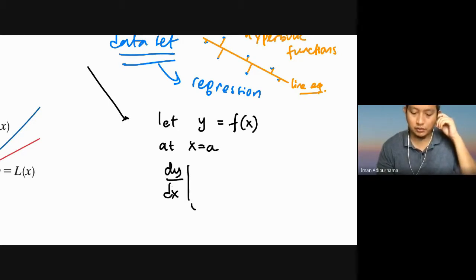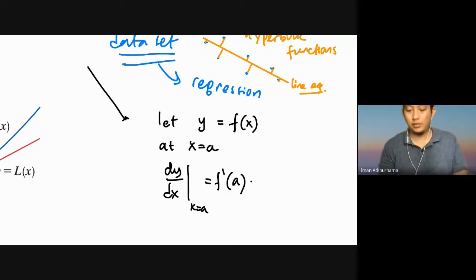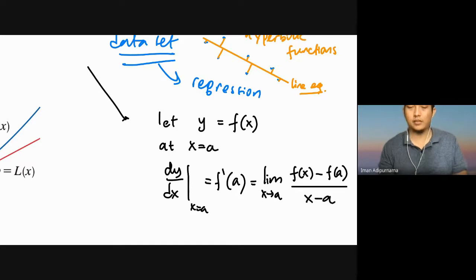At x equals a, we can write it as f prime of a, and we can take it as a limit, right? Let me write this form here. Okay, we can take this form.